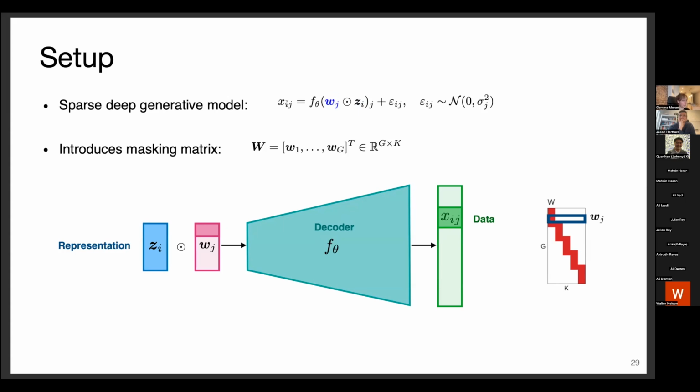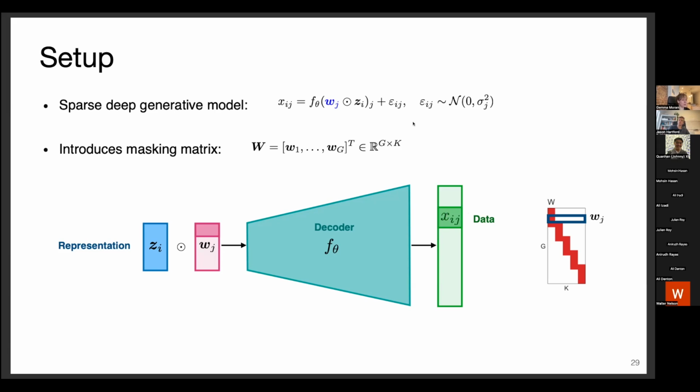So for each of our features, this would be gene J for sample I. We have a gene specific masking vector that says that for all of gene J, only a subset of the latent dimensions are going to be used to reconstruct this gene. And this is across all of our samples here.